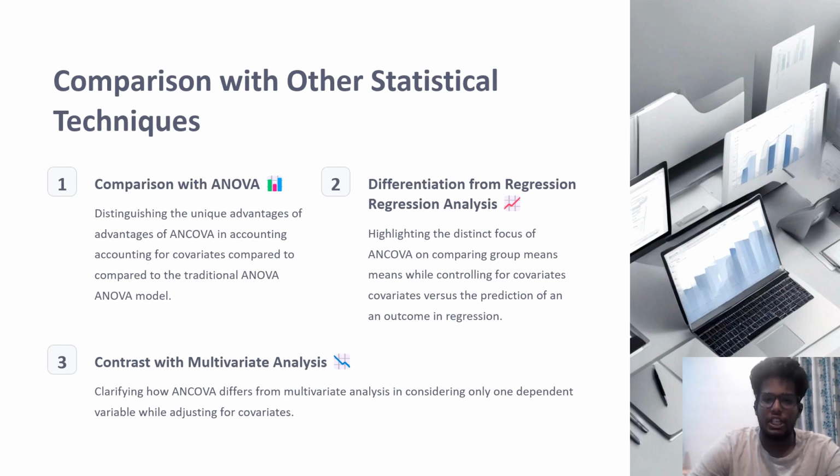Second, differentiating it from regression analysis, highlighting the distinct focus of ANCOVA on comparing group means while controlling for covariates versus the prediction of an outcome in regression. Third, contrasted with multivariate analysis, clarifying how ANCOVA differs from multivariate analysis in considering only one dependent variable while adjusting for a covariate.